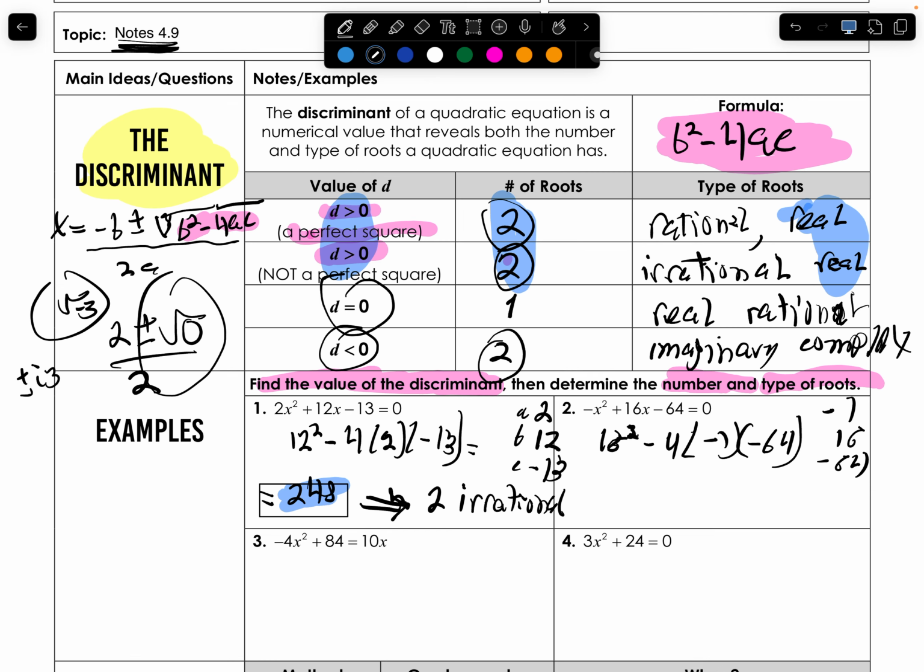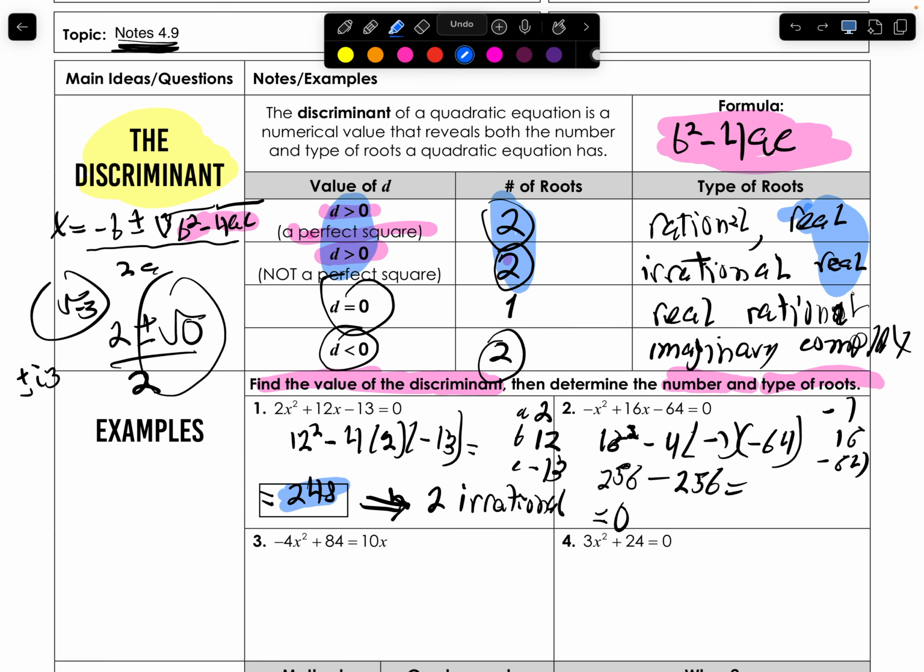So that's 256, I think, minus 240, 256 or something like that. Yeah, 256. Wait a second. That ends up being 0. That's equal to 0.